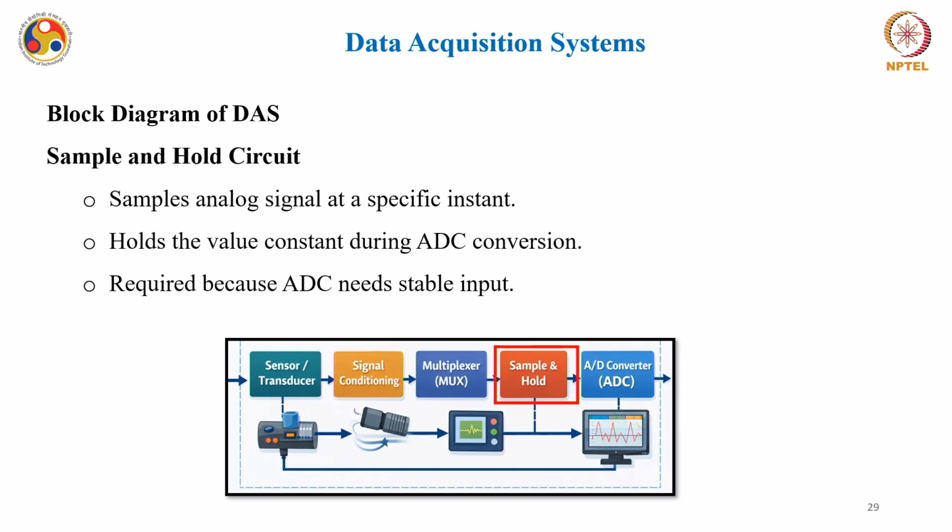Then you require a sample and hold circuit in a data acquisition system. We have seen in detail what a sample and hold circuit is, and the same circuit is utilized in the DAS system. This circuit samples the analog signal at a specific instant and holds the value constant during the ADC conversion, because the ADC requires a stable input, and we have seen that the input is changing continuously.